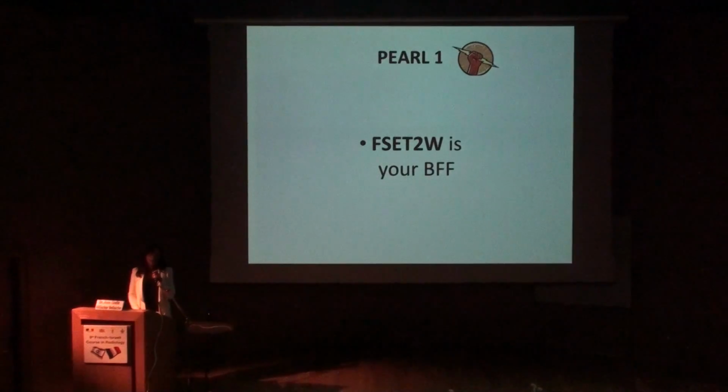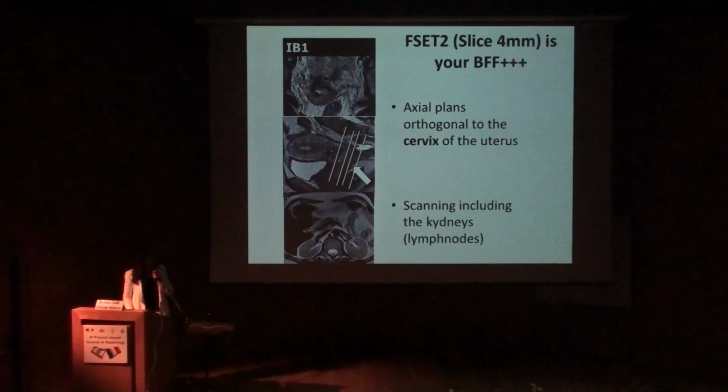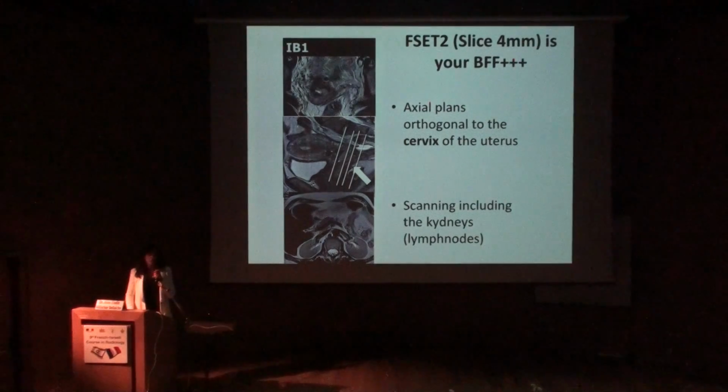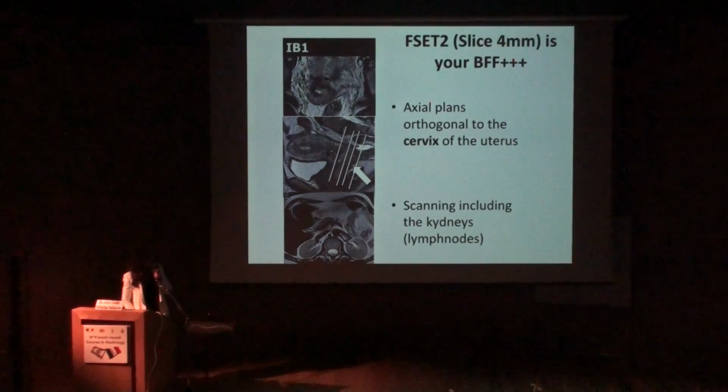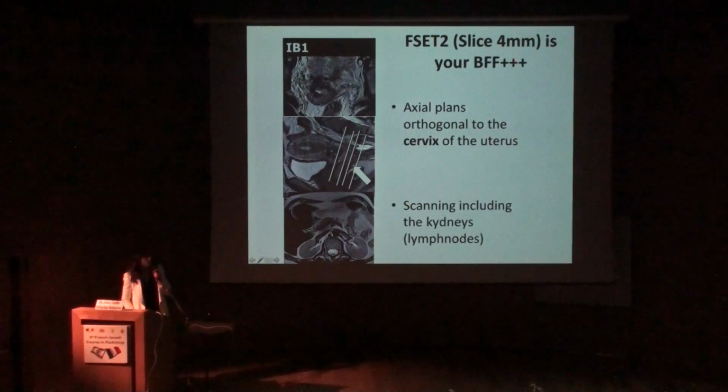T2 is the most important sequence to perform when you do a pelvic MRI. And concerning the carcinoma of the cervix, you have to plan two orthogonal planes, axial, and the other one orthogonal to the cervix. Not the corpus of the uterus, but the cervix.